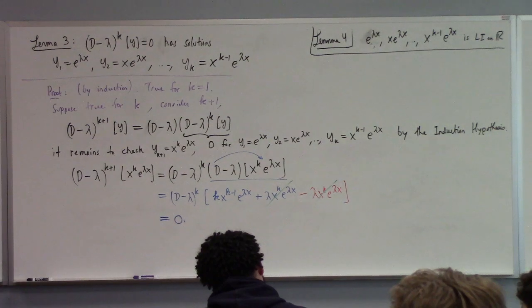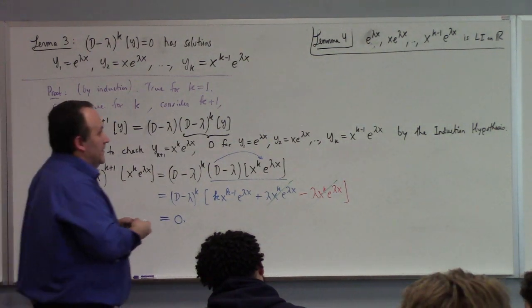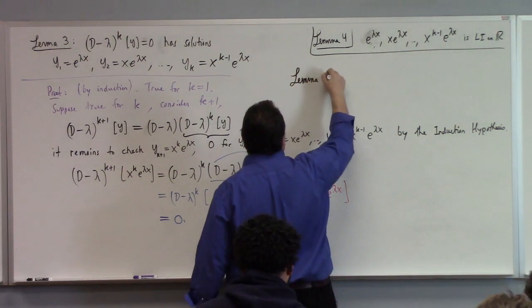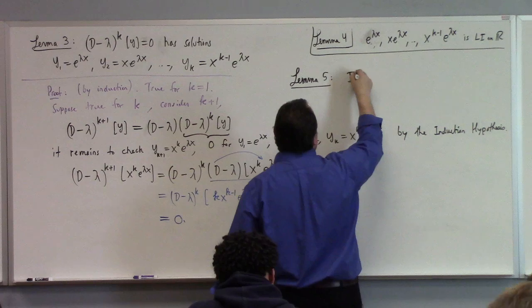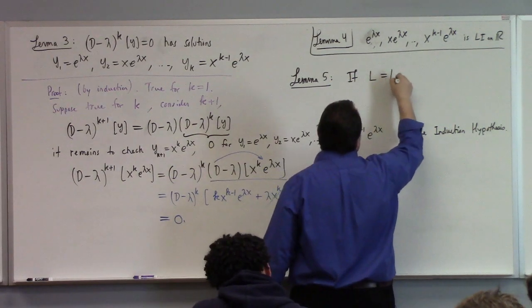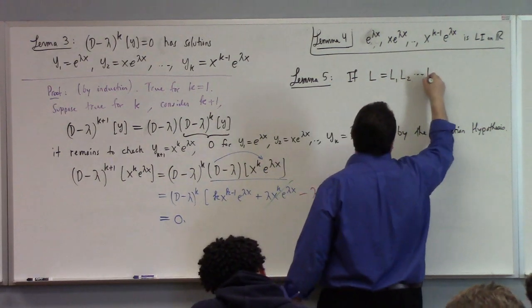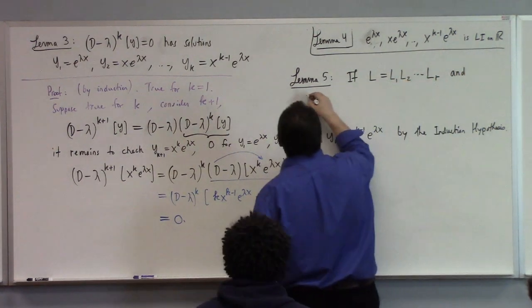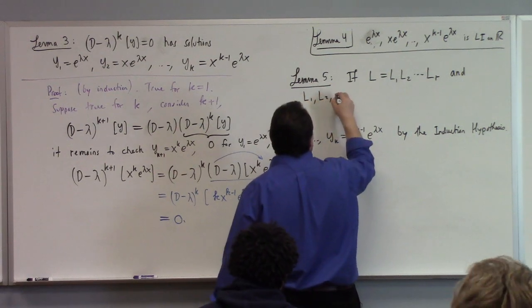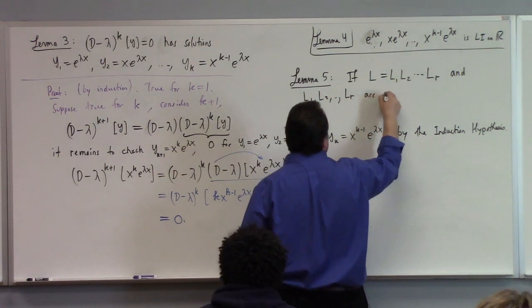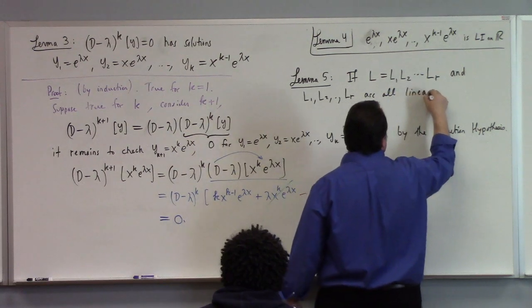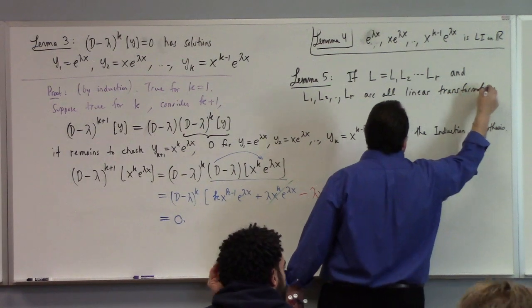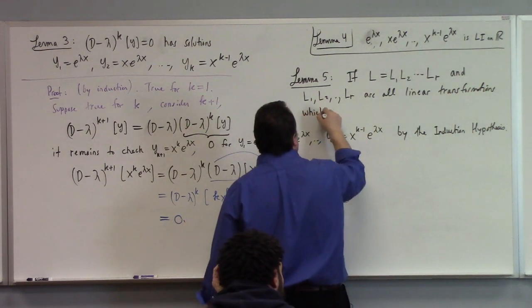So what's next? Lemma 5, I guess. If L is equal to L1, L2, up to L sub r, and L1, L2, Lr are all linear transformations which commute.